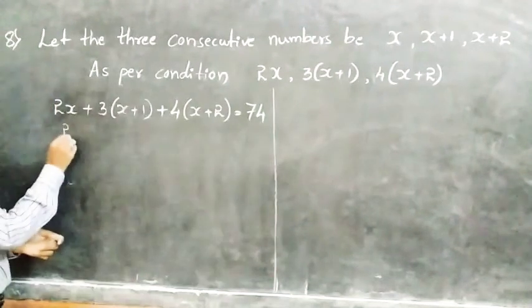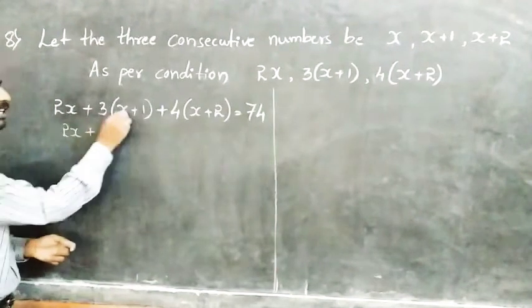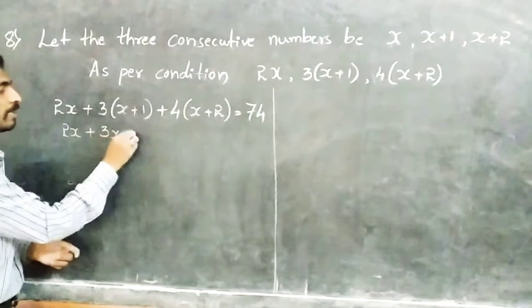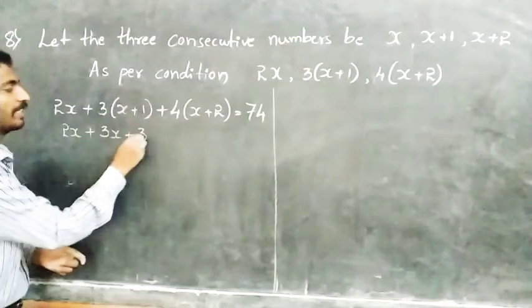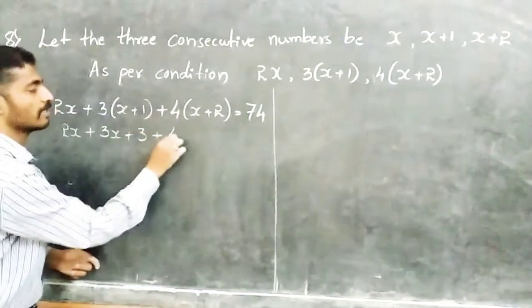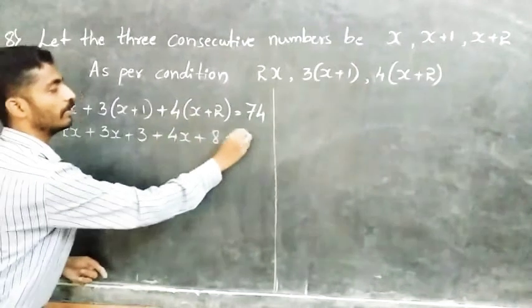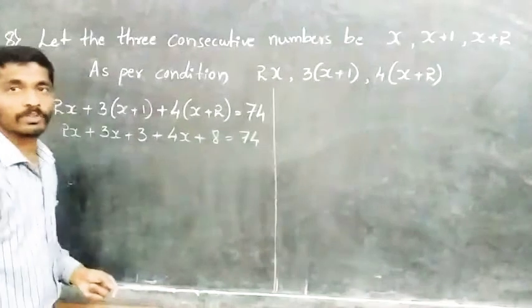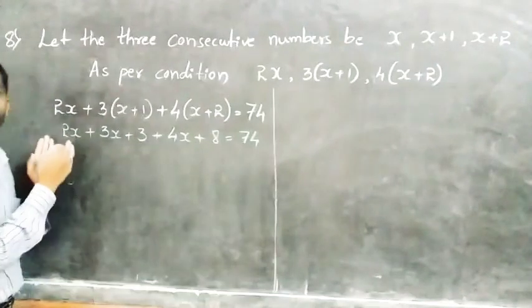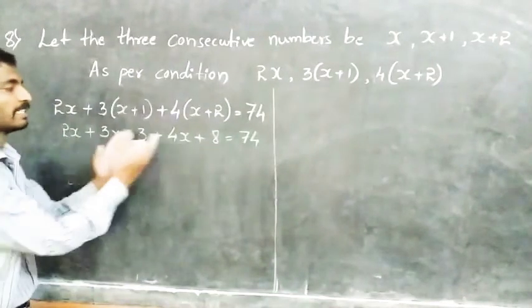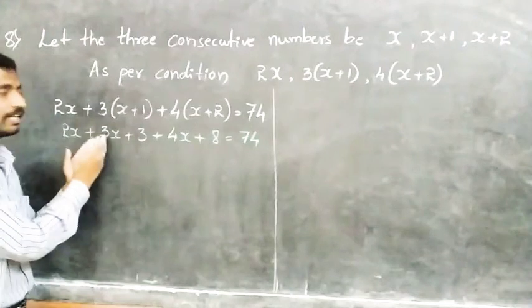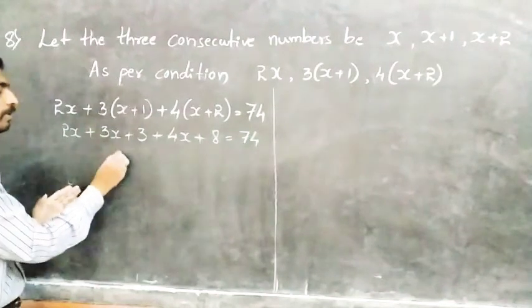2x, plus 3 into x, 3x, plus 3 ones are 3, plus 4 into x, 4x, plus 4 twos are 8, equal to 74. Now add the variables 2x, 3x, 4x: 2 plus 3, 5, 5 plus 4, 9.